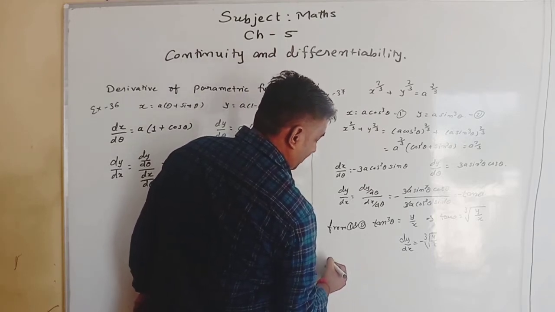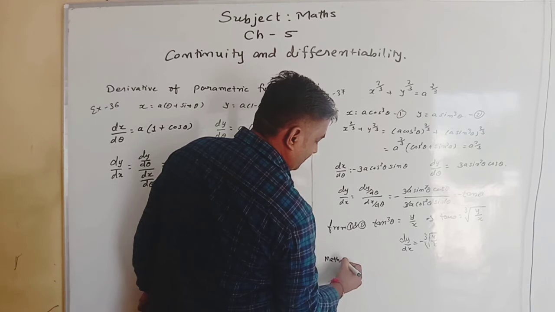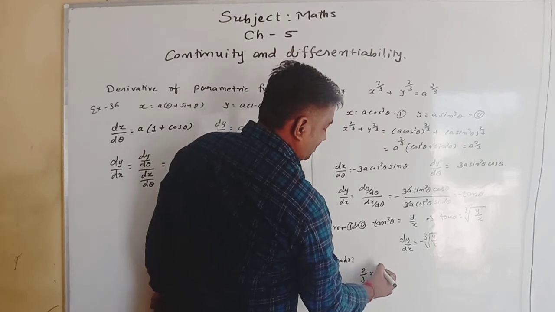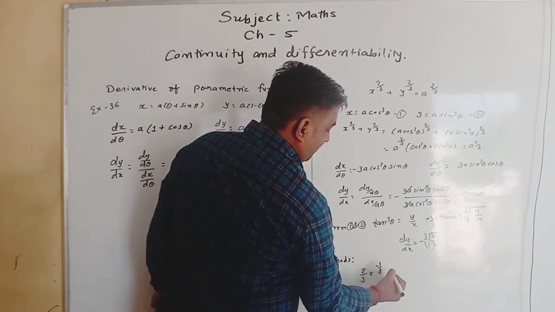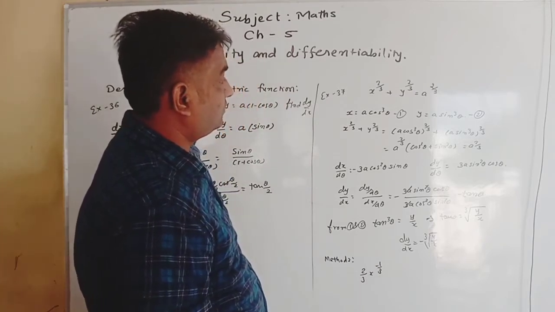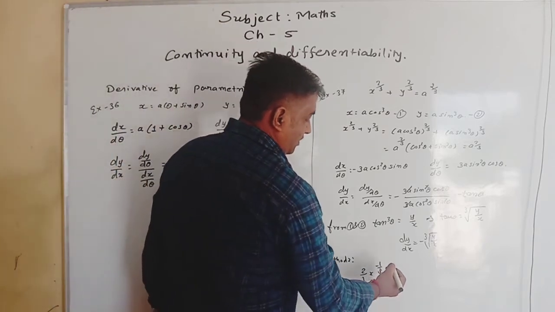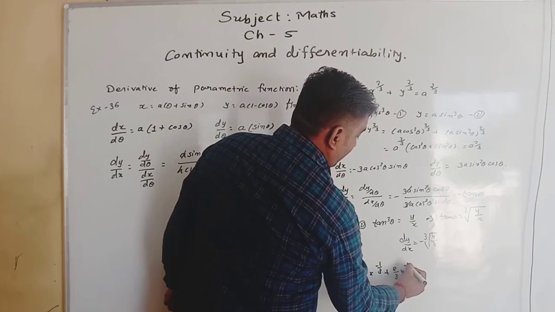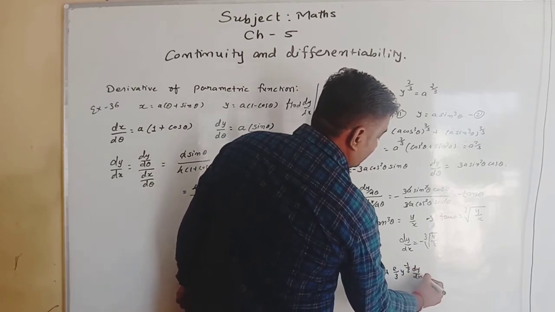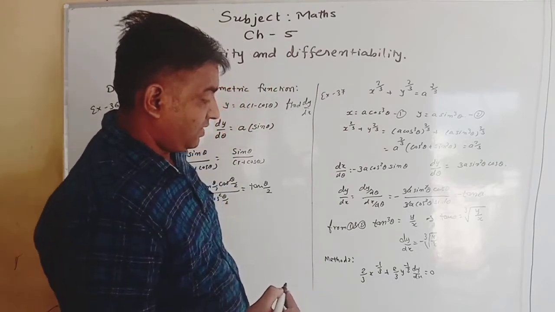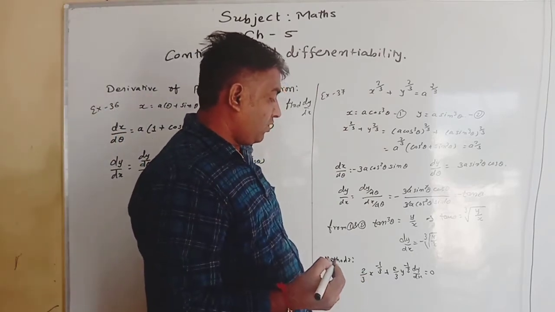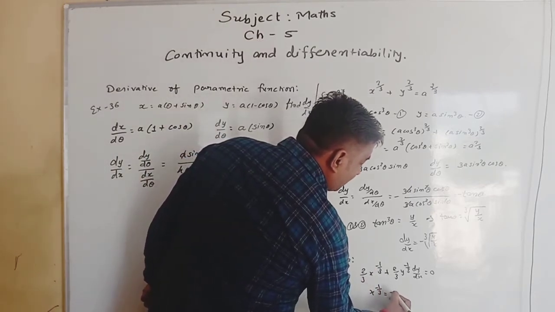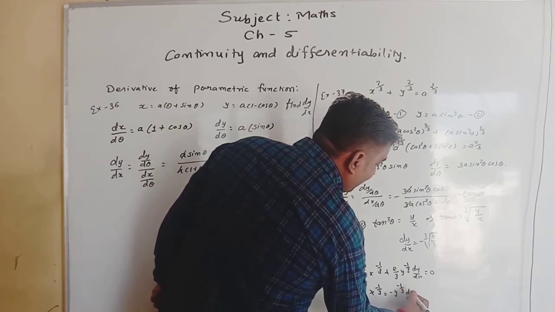Here method 2 is there. 2 by 3 x raised to 2 by 3 minus 1, means minus 1 by 3, plus 2 by 3 y raised to minus 1 by 3 dy by dx is equals to 0, and so 2 by 3 common and cancel, and so here we can write x raised to minus 1 by 3 equals to minus y raised to minus 1 by 3 dy by dx.